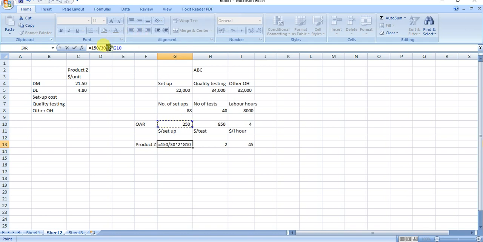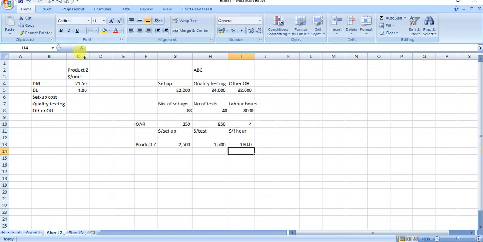See what I am highlighting now, that gives you the number of setups for product Z, whereas per setup cost is 250. Multiply, you will get the total setup cost for product Z. What is this 2? Number of tests. Per test cost how much? 850. So this has to be multiplied by 850 to get the total testing cost for product Z. This is the total number of labor hours. Per labor hour cost is 4. So this has to be multiplied by 4 to get the other overheads for this product.